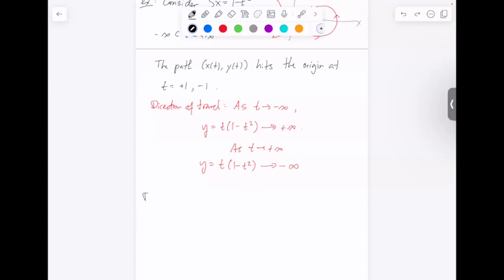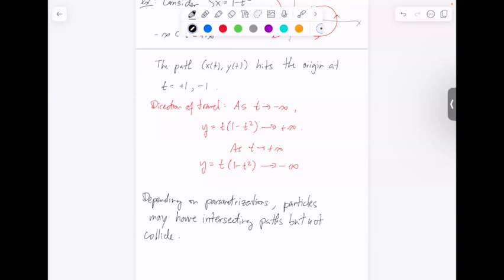Depending on parameterizations, particles may have intersecting paths, but not collide. This is not too shocking. Let's take our solar system, for example. Some of the planets have crossing orbits. The paths they trace out cross at moments, but they're still two planets.